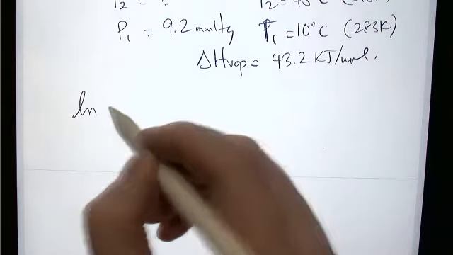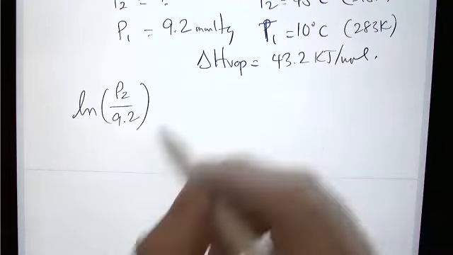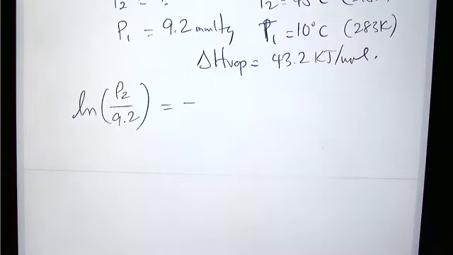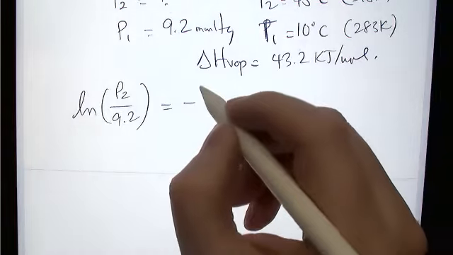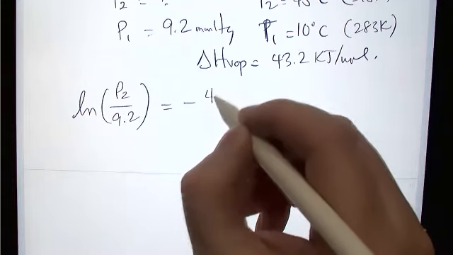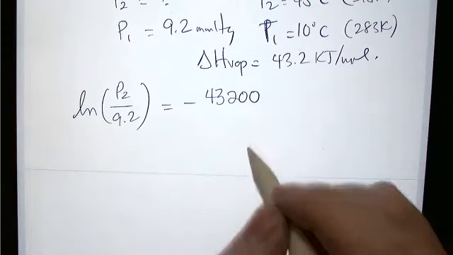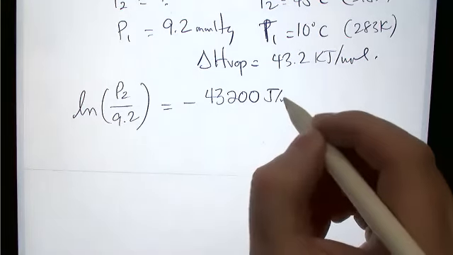The natural log of P2 over your other pressure is negative. Now be careful here. Delta H VAP was 43.2 kilojoules per mole. What do I write? Negative what? Somebody. 43,200 joules per mole, right?